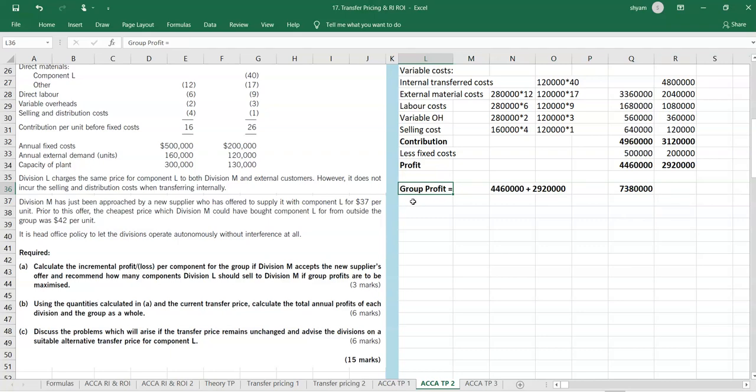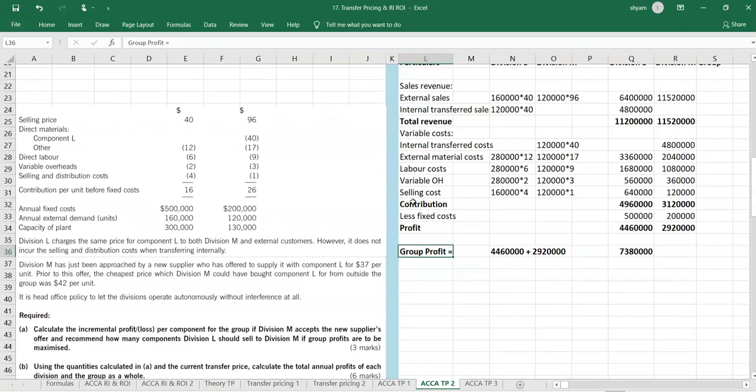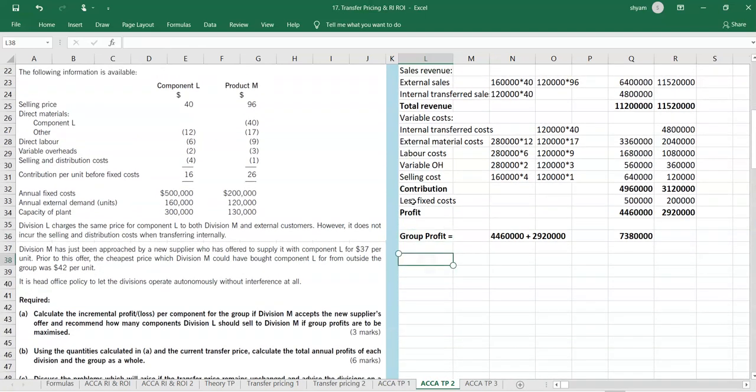Okay, so we have done with the B part of the question.